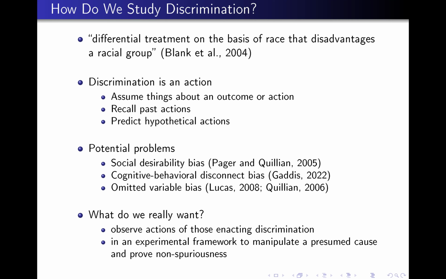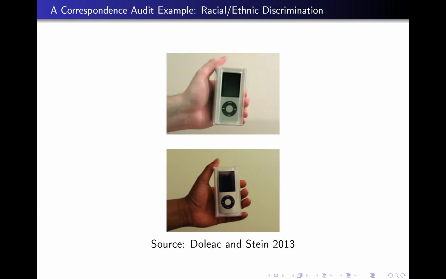Well, in perhaps an ideal scenario, you could set up an experiment where skin tone is manipulated, and that's your signal or proxy for race. And so this comes from a study by Doliak and Stein a little over a decade ago now, where they were selling iPods.